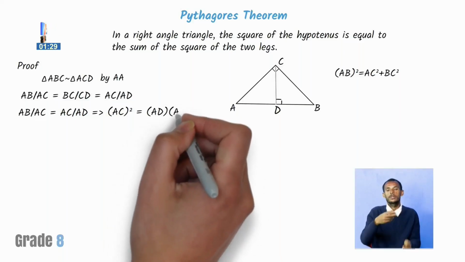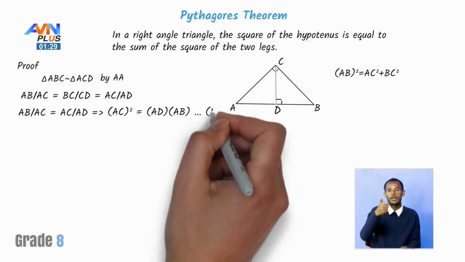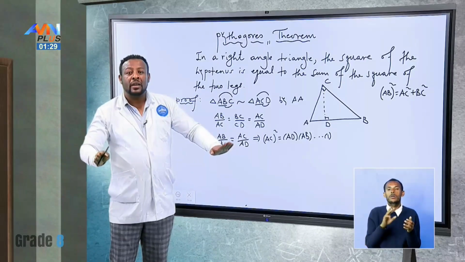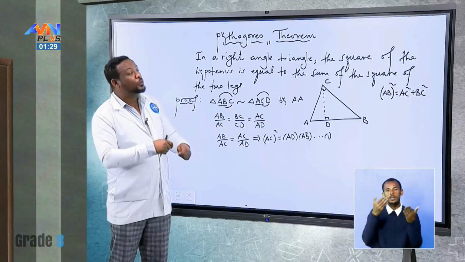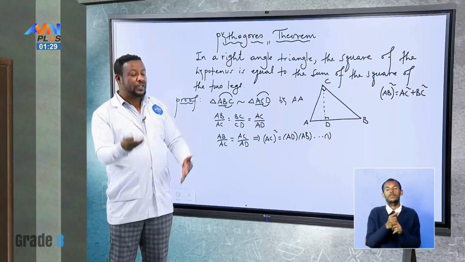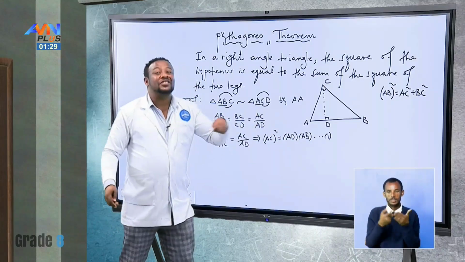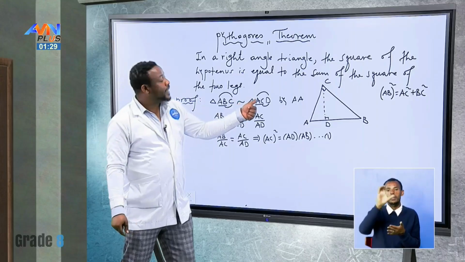We have one equation, equation 1. You might know this from Euclid's theorem, but we need it to prove the Pythagoras theorem. This equation is derived by taking the similarity of ABC and ACD.